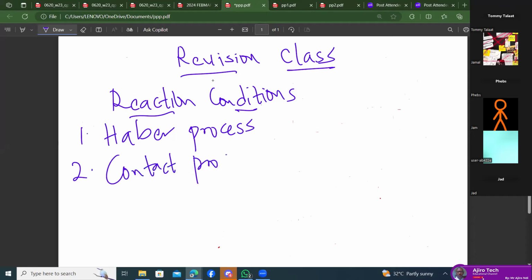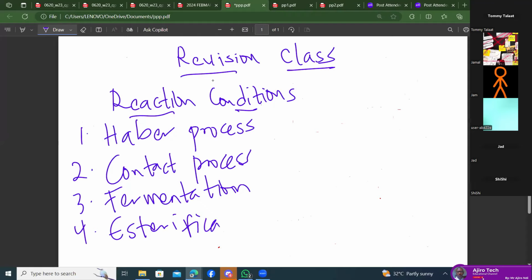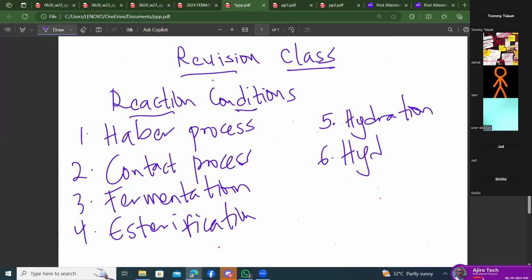We also have fermentation, the process of esterification, hydration, and then hydrogenation. And then we equally have the substitution reaction of the alkanes. So these are the major reactions that you have.